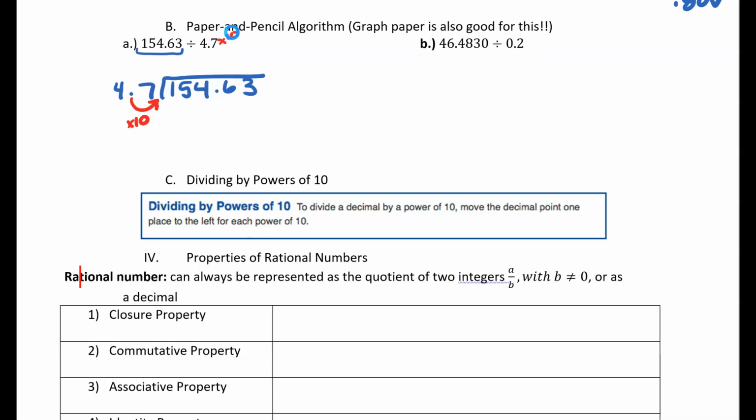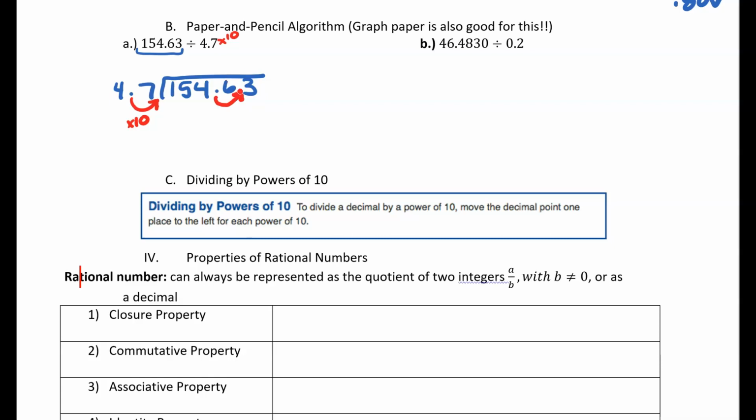And if we do that to one number, we have to do it to the other, so we don't actually change the quantity of the answer. You're going to move the decimal however many places you need to get to the end of the number, and then do the exact same thing to the number on the inside.